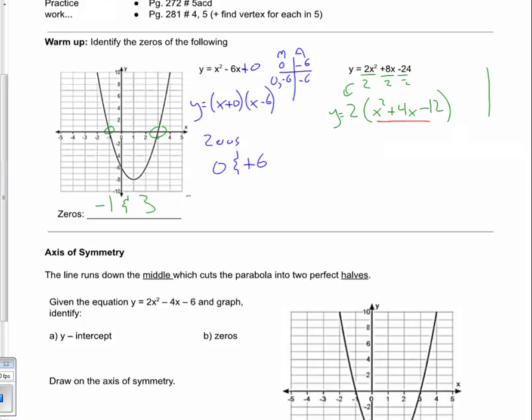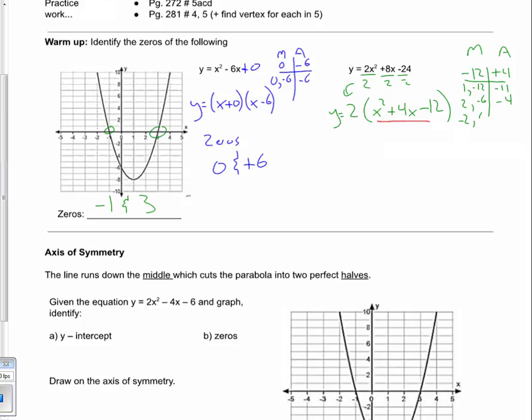When we do so, we're looking for two numbers that multiply to -12 but also add to +4. If I just start going through, 1 and -12 would give me -11. 2 and -6 would give me -4. So same numbers, just different signs. I'm going to flip those two.